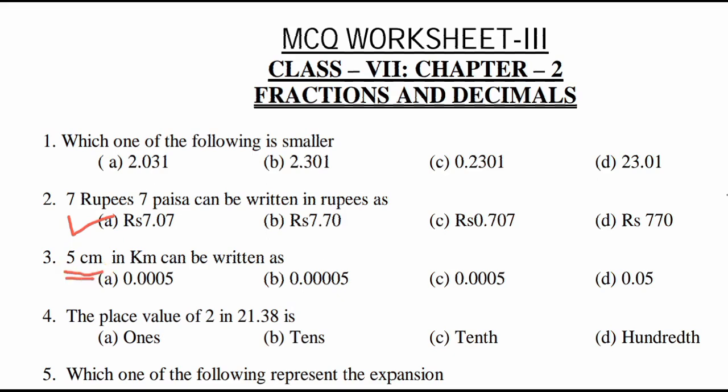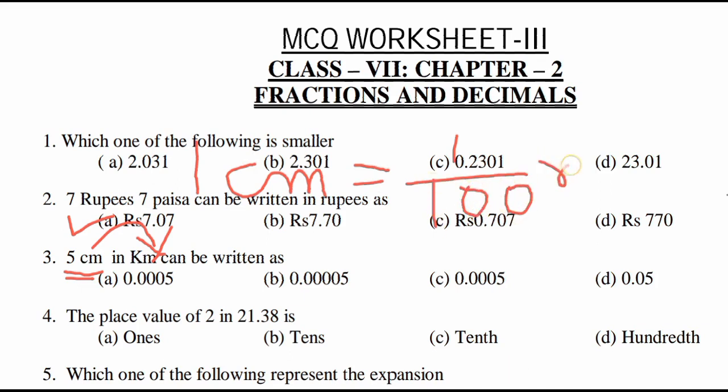Question number 3. 5 centimeter in kilometer can be written as. Here we have the unit centimeter and we have to do conversion into kilometer. So first of all, we should know that 1 centimeter is equal to 1 upon 100 meters.